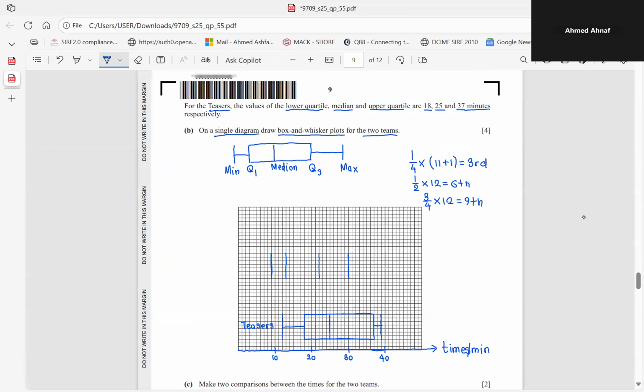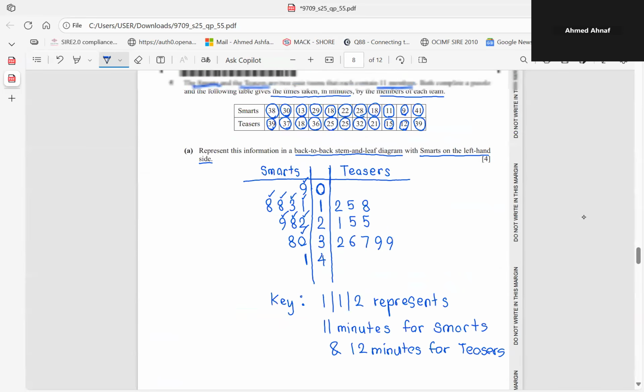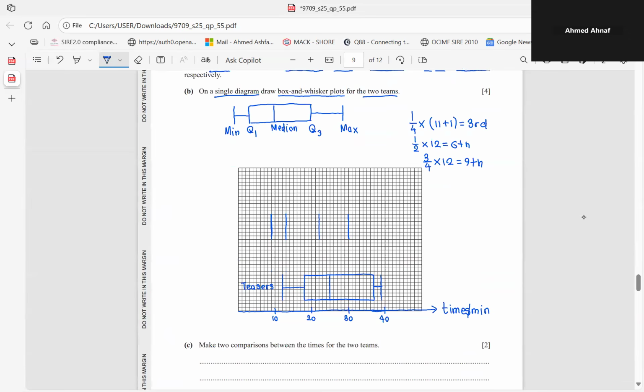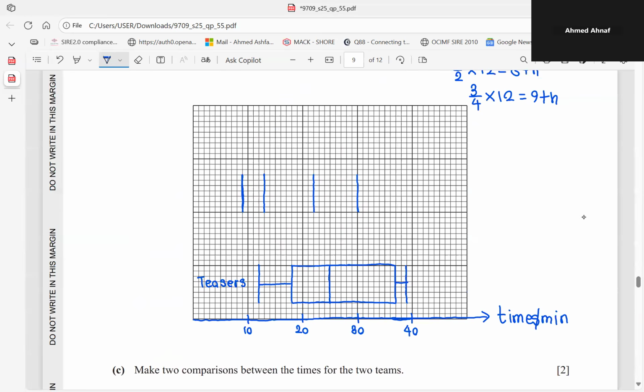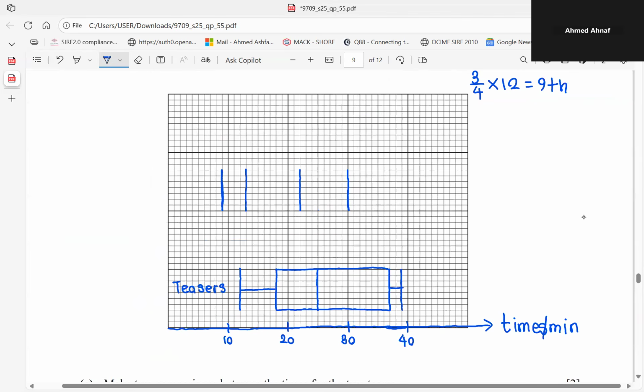Okay, and then maximum is 41. So 41, it's somewhere here. Oh, never mind, that's not 41, that's 40. Okay, so 41 should be here.